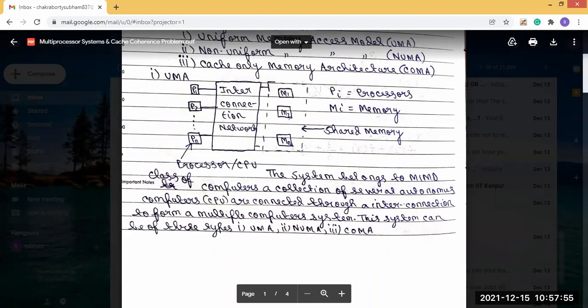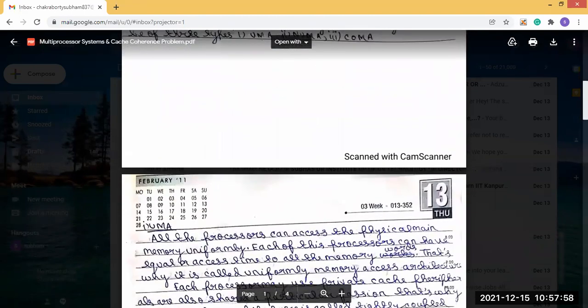That means all the processors can access this shared memory uniformly, and each processor has equal access time to all the memory words. The shared memory is divided into memory modules, the processor has permission to access each memory module, and the access time of the memory modules should be the same for all the processors. That's why it is called the uniform memory access model.